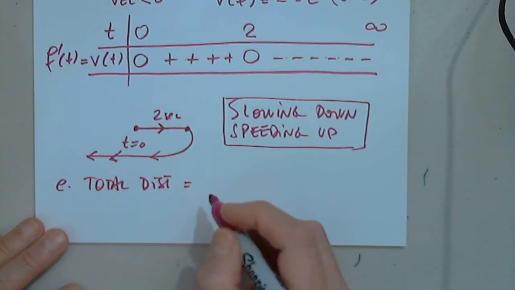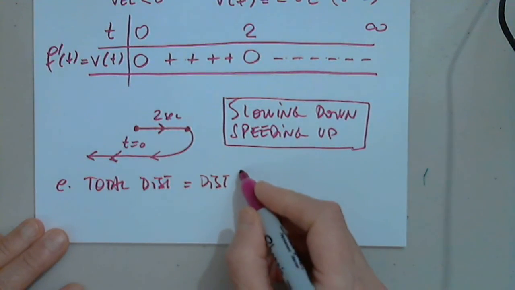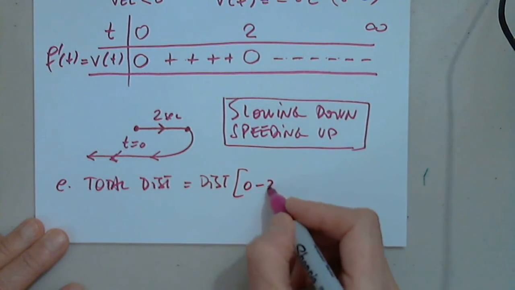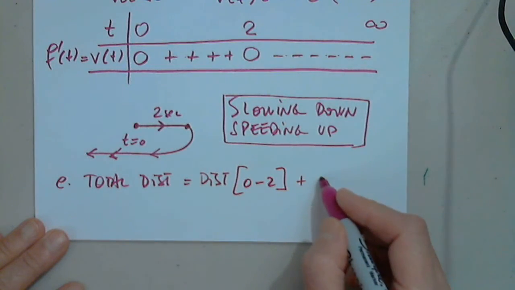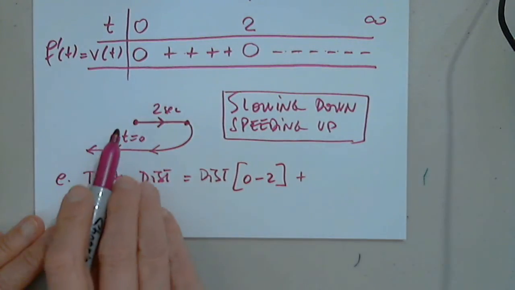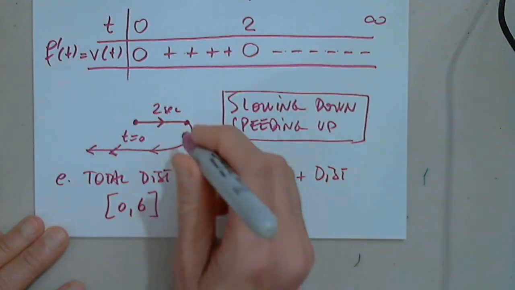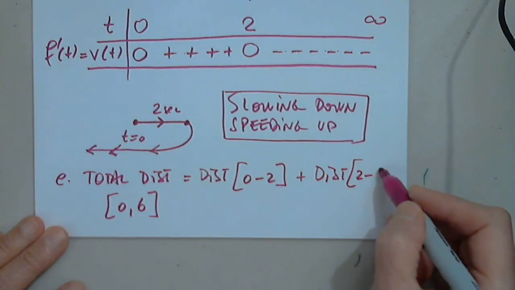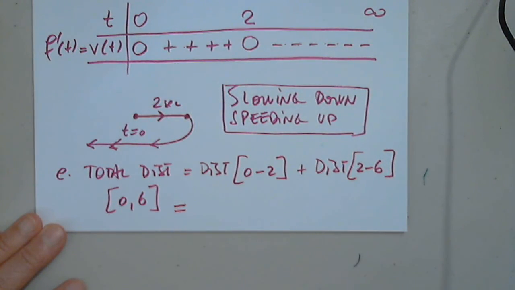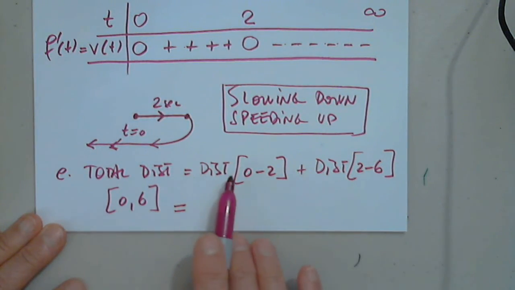So total distance will be the distance going this way between 0 and 2, plus, because we're talking about 0 to 6 seconds, between 0 and 2 seconds is going this way, plus the distance between 2 seconds and 6 seconds. But we have to write with the absolute value. So regardless in which direction the particle is moving, it accumulates distance.